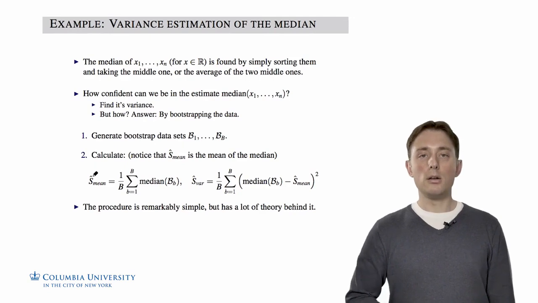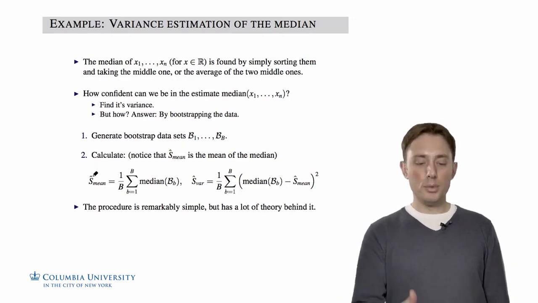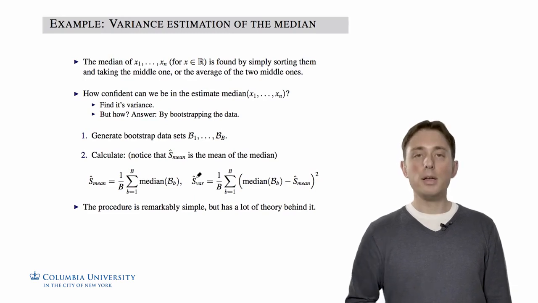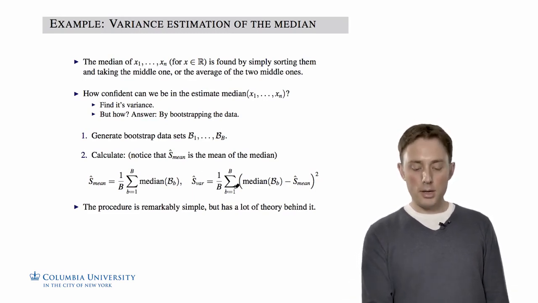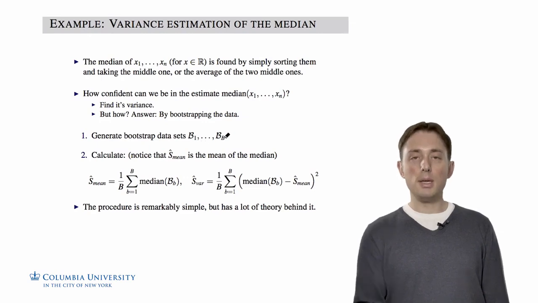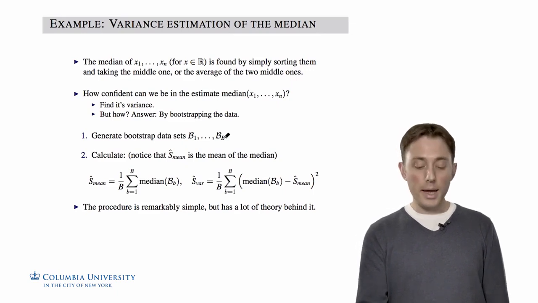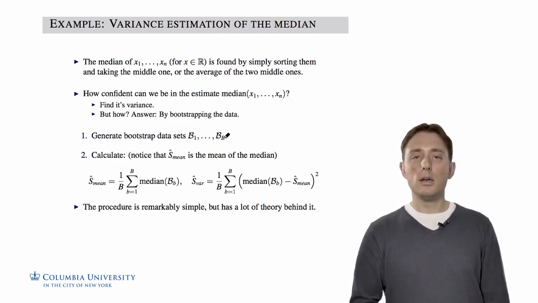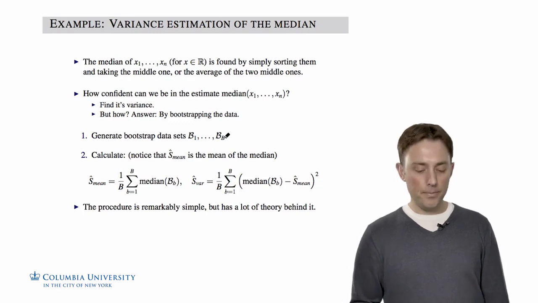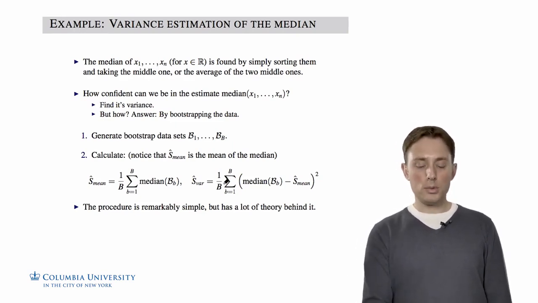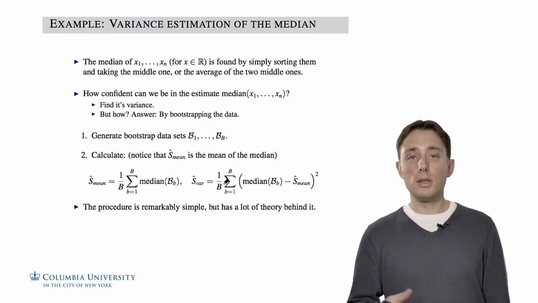We then say that our expected median, the median that we're going to predict, is the average of the median of each individual bootstrap data set, and our variance or uncertainty about that prediction is the empirical variance of the medians that we get from each of these individual data sets. So that's a way to gauge our uncertainty about our prediction of the true underlying median. It's remarkably simple, but there's quite a bit of theory underlying this technique that relates this simple technique to something that's actually theoretically correct.